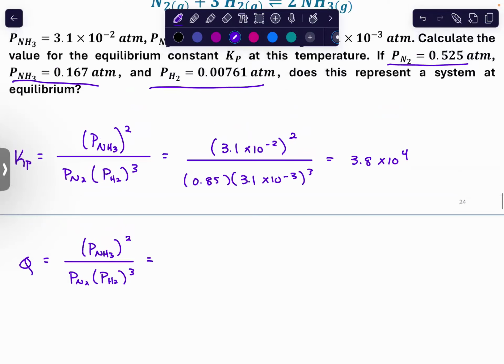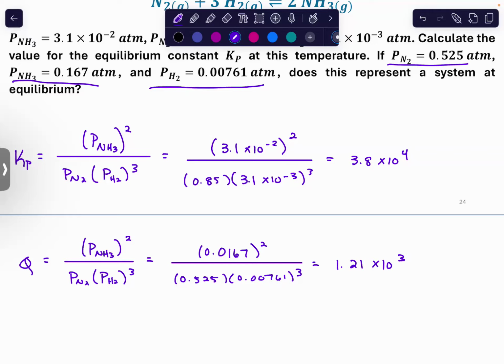Okay, so for the second set of pressures, I have 0.525, 0.00761 cubed, 0.0167 squared, and I'm going to get a reaction quotient of 1.21 times 10 to the third.